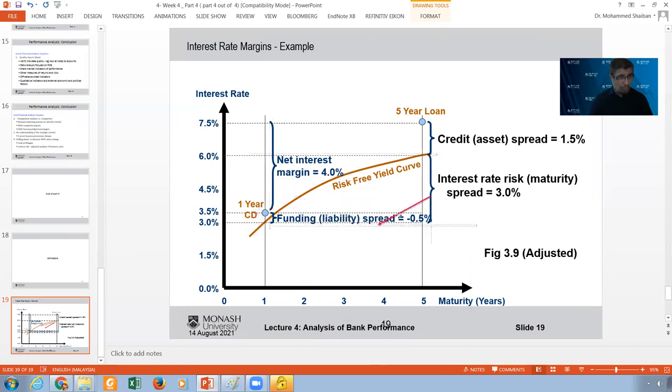It is actually the spread of funding, the spread of borrowing in this case. So what I want to say here is that there are two spreads, one for maturity and one for credit risk. And the maturity spread increases over years, but the credit risk stays the same.